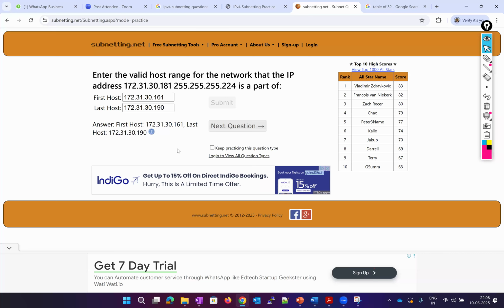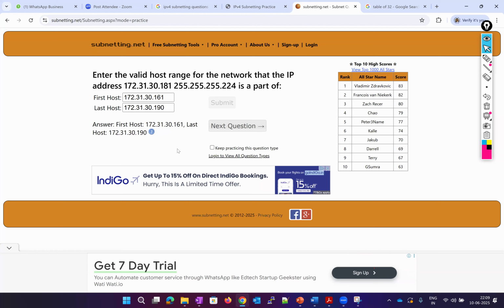With this method, whatever I taught you right now, you can answer any question regarding subnetting. What is the first usable IP address? What is the last usable IP address? What is the range? What is the 10th IP address in the 5th subnet?